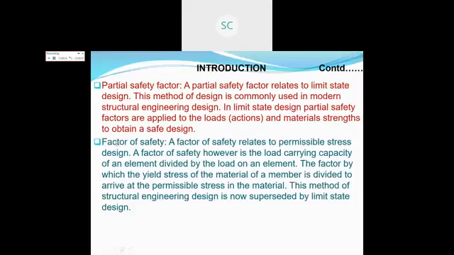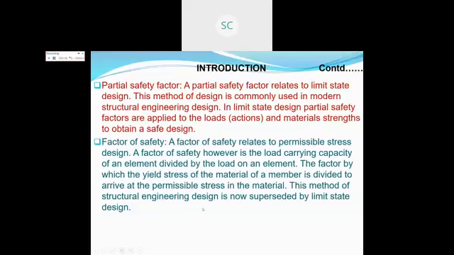And the factor of safety we discussed in the working stress method. A factor of safety relates to permissible stress design. It is the load carrying capacity of an element divided by the load on the element, that is, the factor by which the yield stress of the material of a member is divided to arrive at the permissible stress in the material.